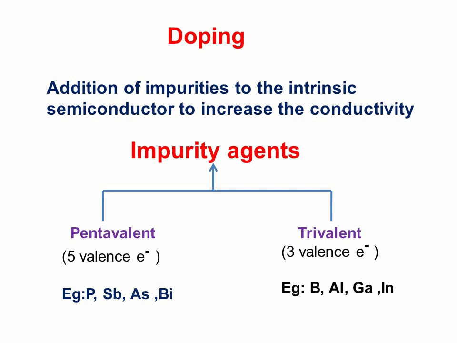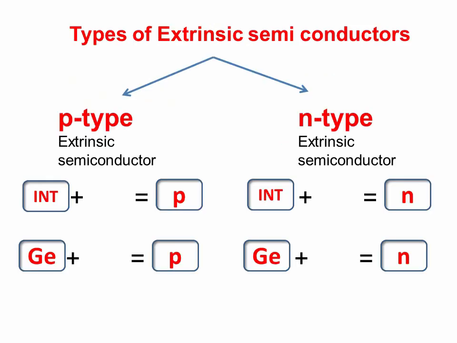Trivalent is nothing but which has 3 valence electrons. Example: boron, aluminum, gallium and indium. Based on doping impurities, extrinsic semiconductor can be classified into p type and n type.